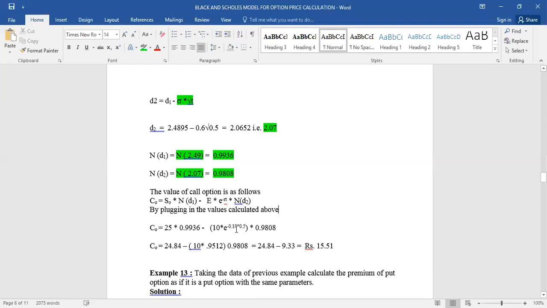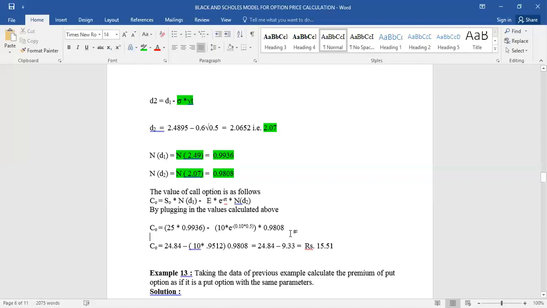For the convenience of understanding the mathematical sequence, I am going to put that into a separate bracket. E, exercise price, multiplied by the exponent function raised to the power of negative RT. So your R is 0.10 and T is 0.5. So raised to the power of that and further multiplied by ND2.